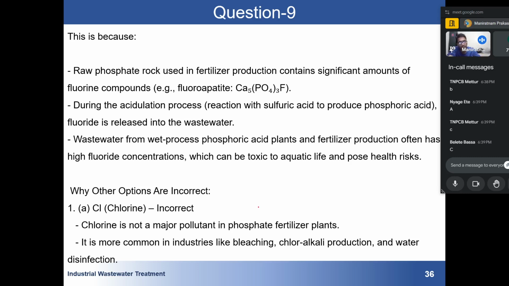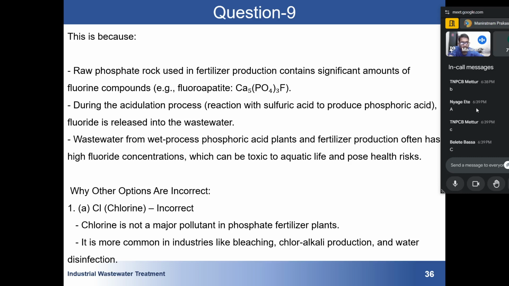This fluoride will go into the water. A high amount of fluoride will also be generated during the acidulation process, the reaction with sulfuric acid to produce phosphoric acid. Fluoride is released in the wastewater from wet process phosphoric acid plants, and fertilizer production often has a high fluoride concentration. I hope you have understood.